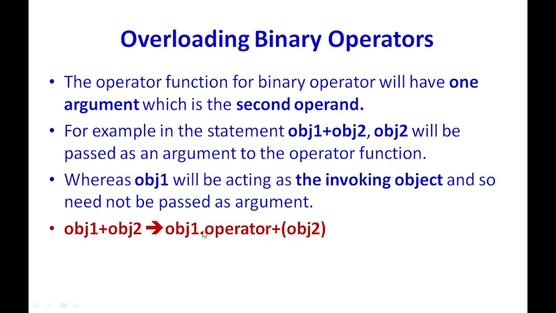We are not telling the compiler to treat obj1 as the invoking object and obj2 as the argument. It is done by default. So the compiler automatically considers, out of the 2 operands, the first operand as the invoking object and the second operand by default as the argument. We have to just keep this in mind while we are writing the operator function.